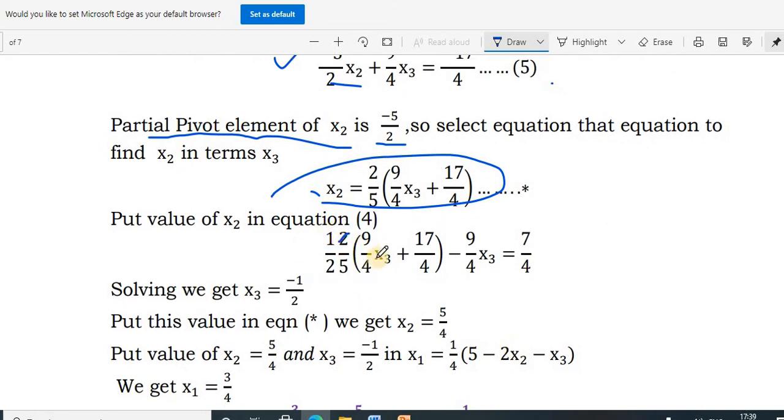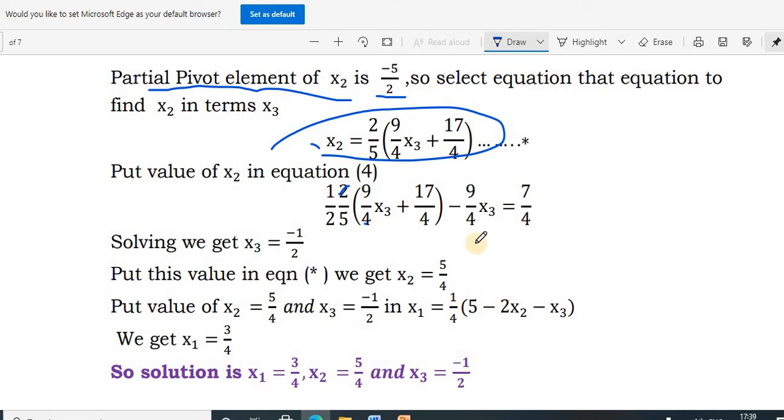So simplify this: 2 into this 2, it gets cancelled. So here 9 by 10 x3 minus 9 by 4 x3. Then we are getting plus 17 by 20, this 2 gets cancelled again. And after simplification, we are getting the value of x3. If you want, you simplify this.